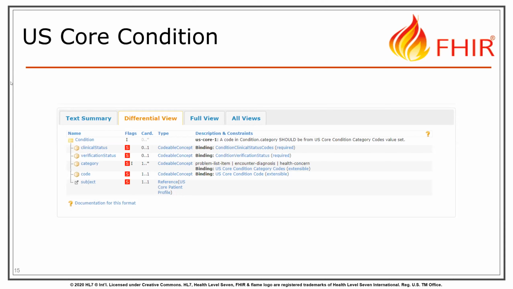You may not always have it, but when you have it, always represent it in this resource. The next column is how many instances of this there are. The big thing there is that if it's mandatory, it's going to be one dot something, and if it's not, it's going to be 0. And then we describe this.